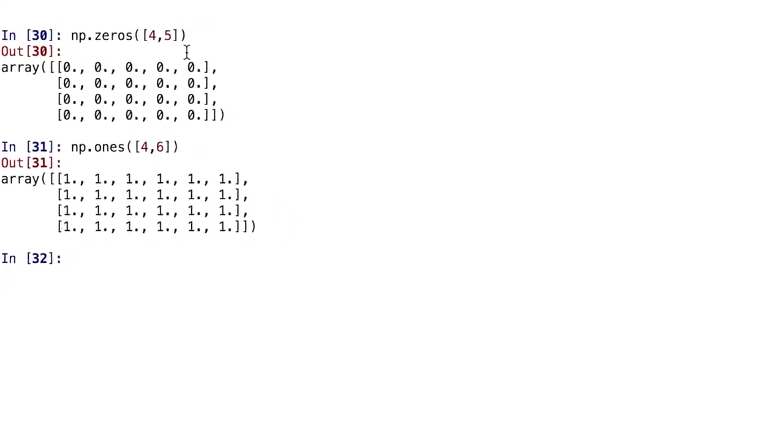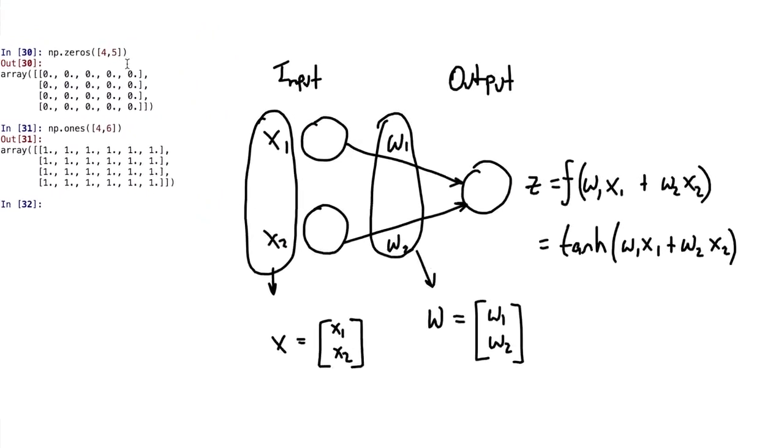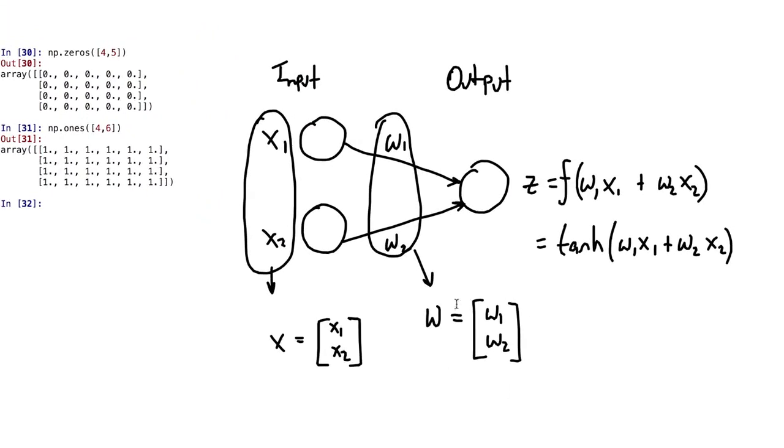NumPy also contains methods for making random matrices, and as we'll see later on in the course, we want to initialize our weights as completely random values. Now the way I do this is via np.random, which contains several functions, including random again. np.random.random allows us to produce a random matrix with a particular number of rows and columns. In particular, here I'm going to make a 3x2 NumPy array of random elements.